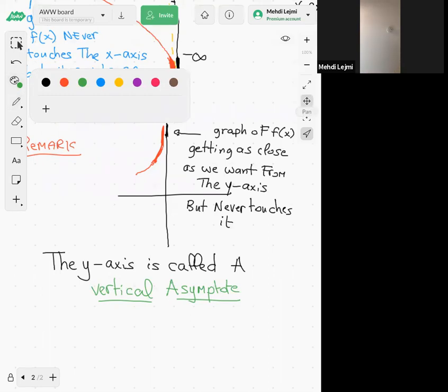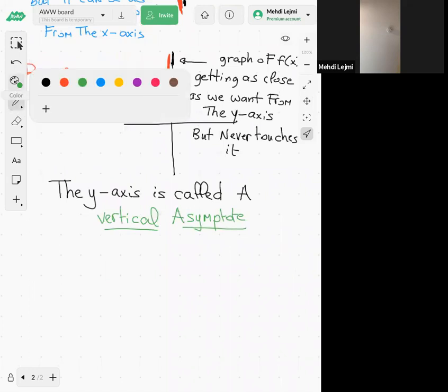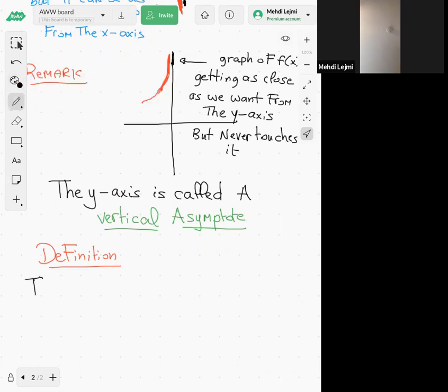So that's actually the definition. Let me just write down the definition for the vertical asymptote. So the line x equal to a. For the y-axis, what's the equation of the y-axis? All the points on the y-axis have x equal to 0. So the equation of the y-axis is actually x equal to 0.